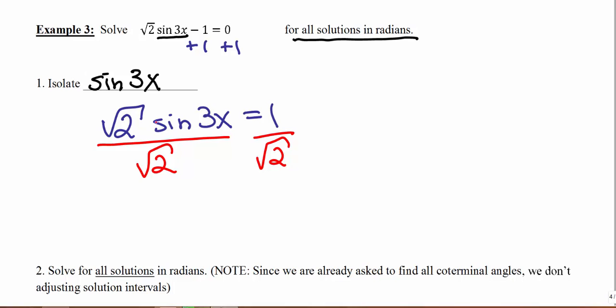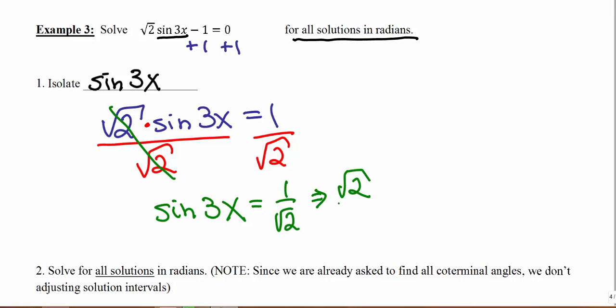We're doing that because we are multiplying square root of 2 times sine of 3x. And when we do that, square root of 2's will cancel, and we're left with sine of 3x is equal to 1 over the square root of 2, which, of course, if we rationalize, would be square root of 2 divided by 2.